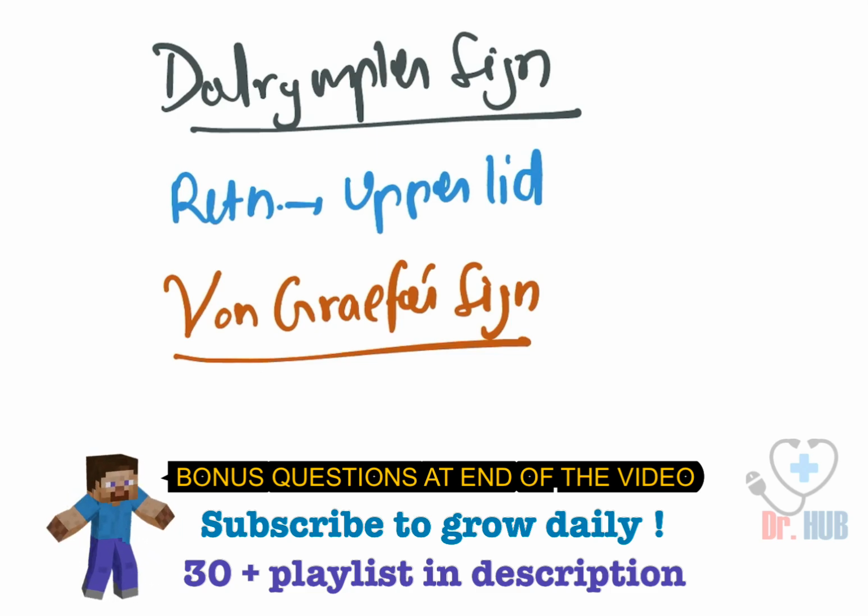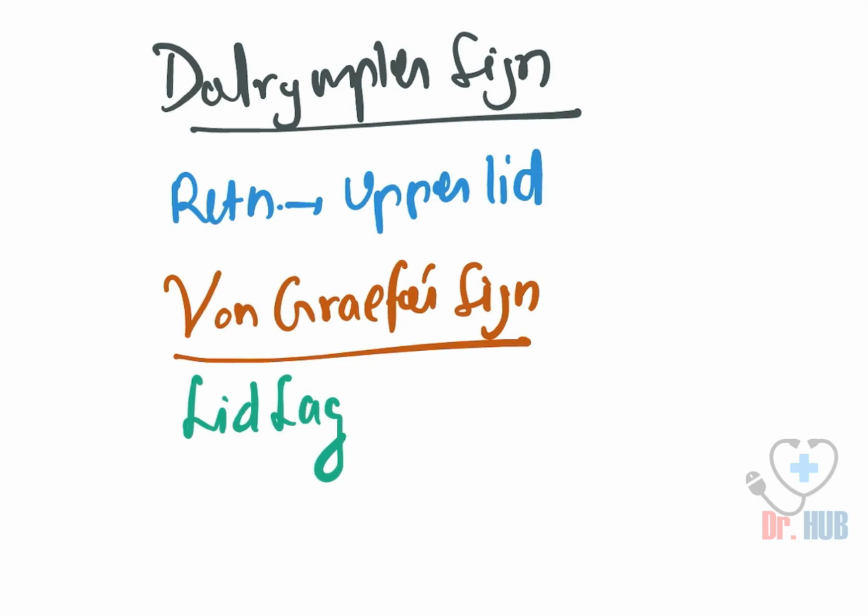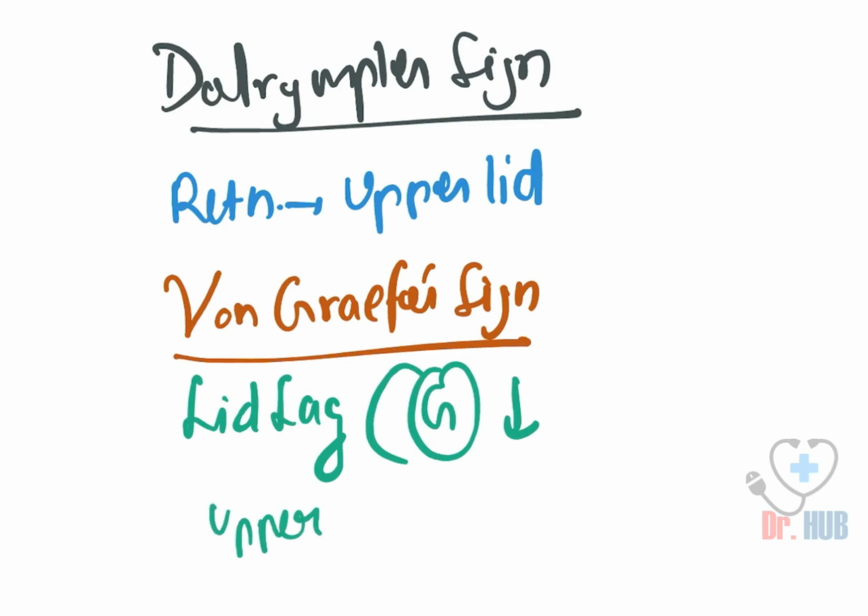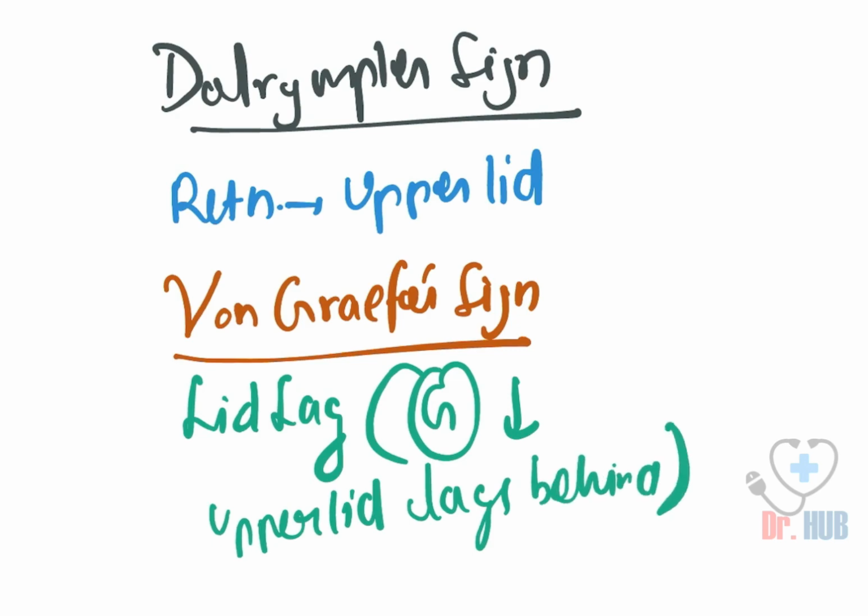The von Graefe's sign indicates the lid lag. So what is a lid lag? That is when the globe is moved downwards, the upper lid lags behind. This is the von Graefe's sign.